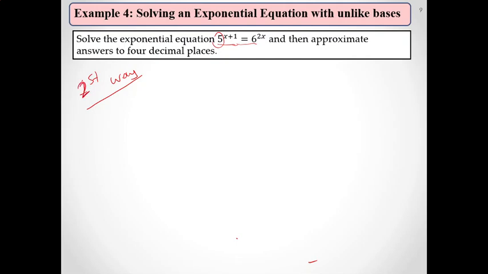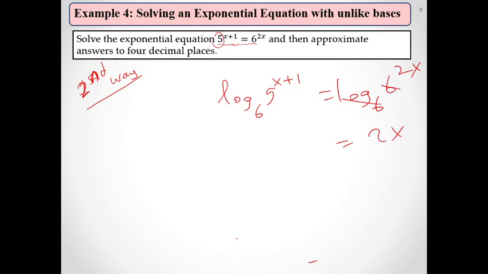The second way is you can start from 6. So it means you can take the log base 6 of both sides. And in this case, this will be 2x, and you will have x plus 1 times log base 6 of 5.